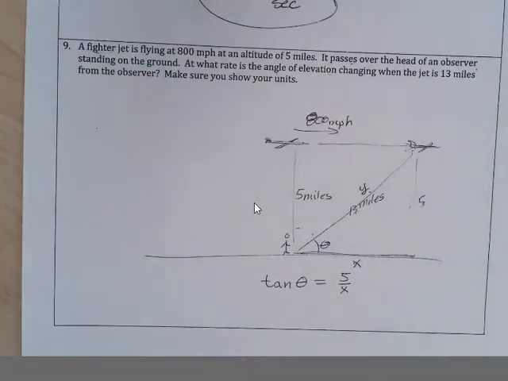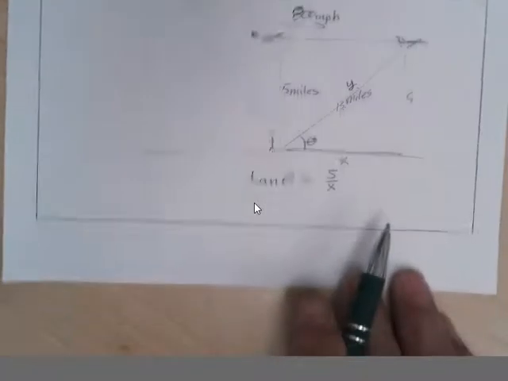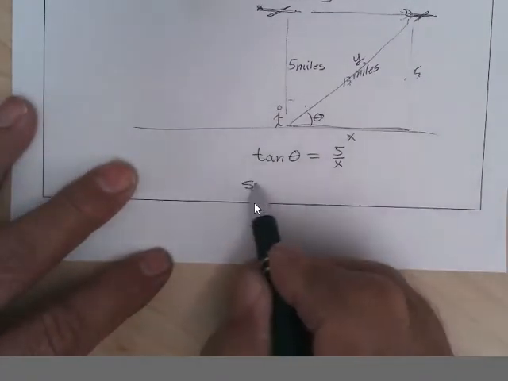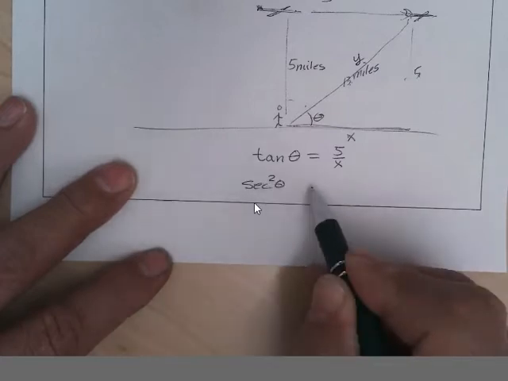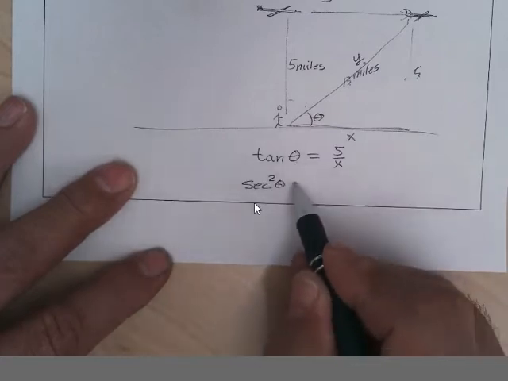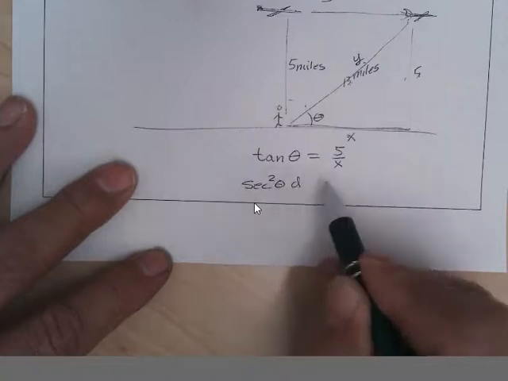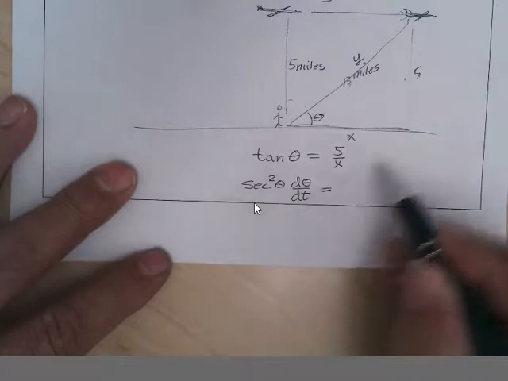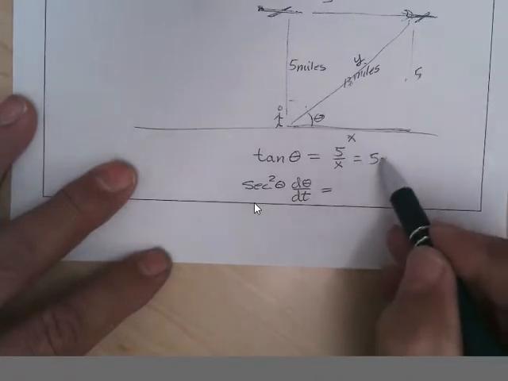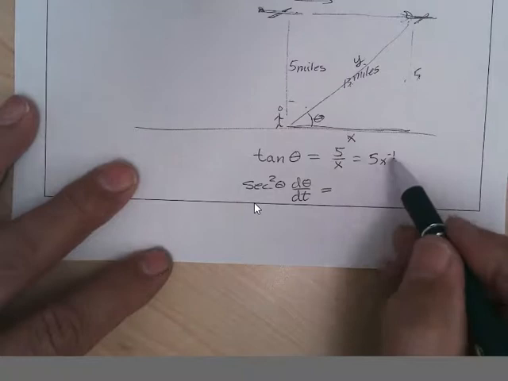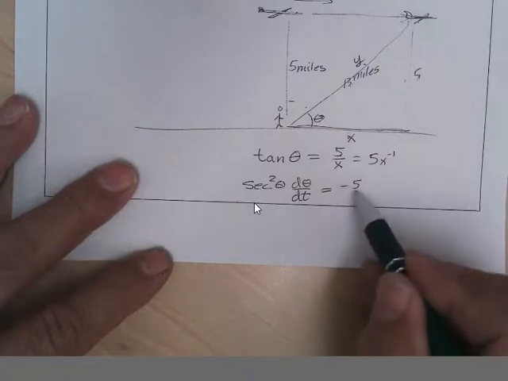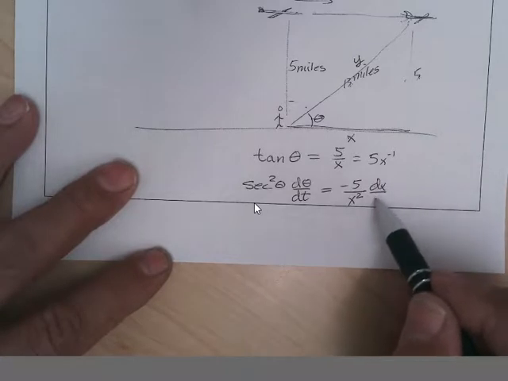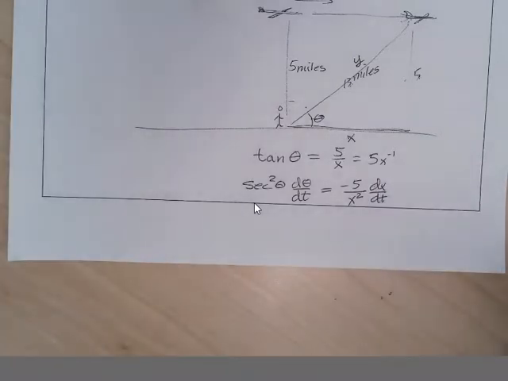Yeah? And so now I can take the derivative with respect to time. So the derivative of tangent theta is secant squared theta, but I'm doing it with respect to time, so I got to go times the derivative of the inside, chain rule, d theta dt equals, and this is 5x to the minus 1, so the derivative would be minus 5x to the minus 2 dx dt, derivative of the inside.